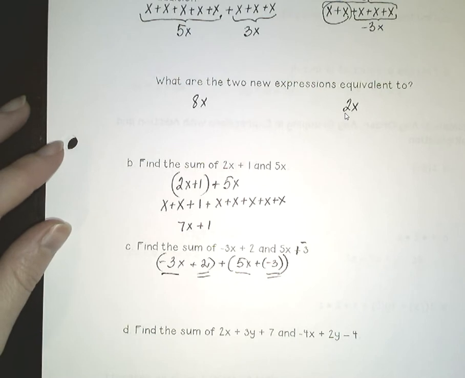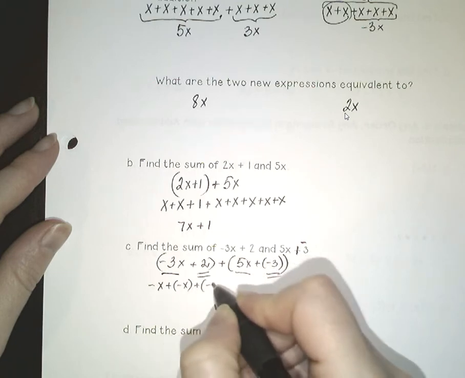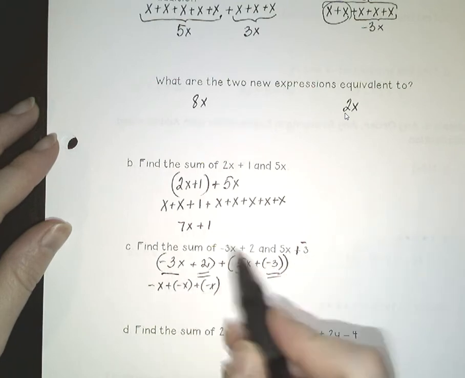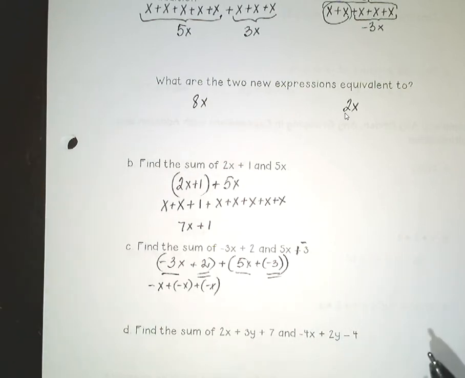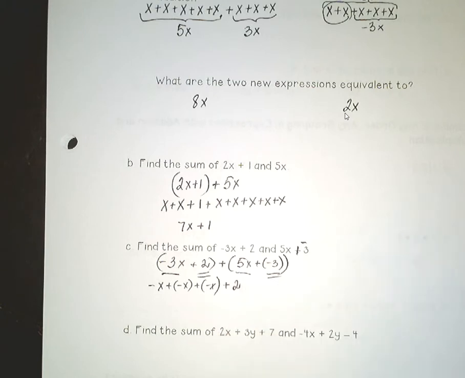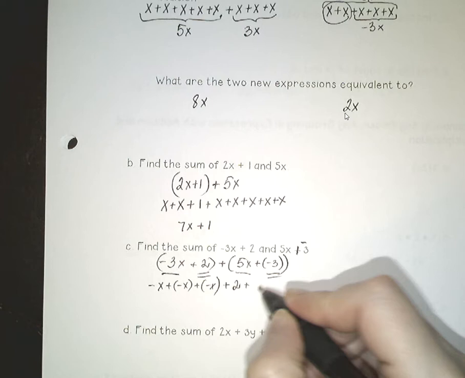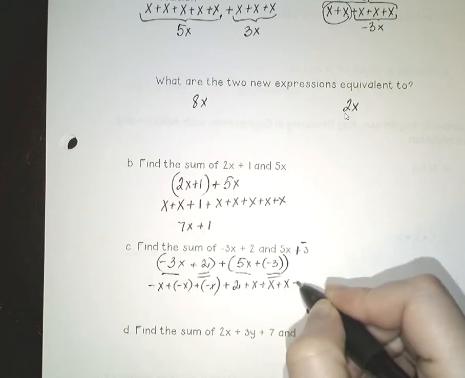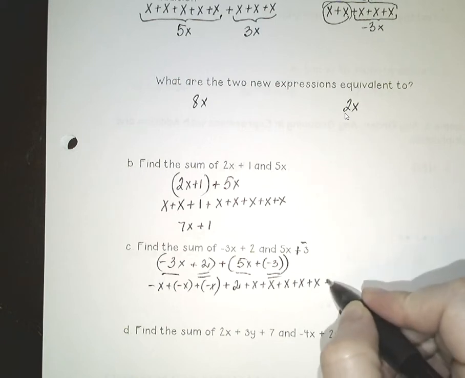If I expanded it, it will look like negative x plus negative x plus negative x. It's my negative 3 groups of x, right? Or 3 groups of negative x. Then I have plus 2. Then I have 5x. 1, 2, 3, 4, 5. And then I have plus negative 3.